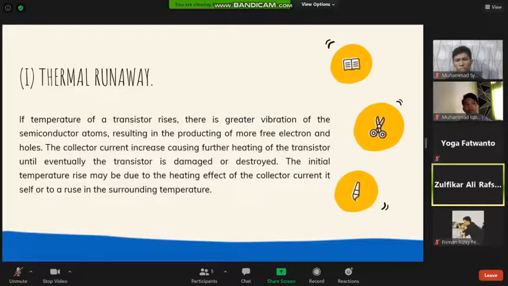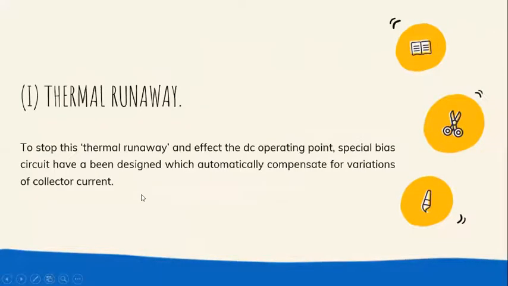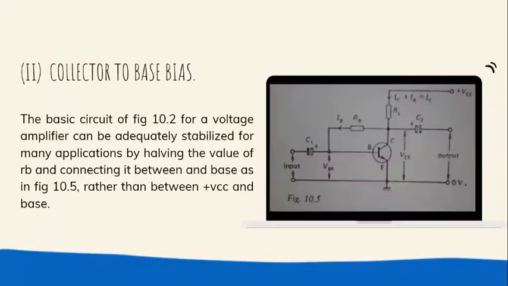Next, to stop this thermal runaway and stabilize the DC operating point, special bias circuits have been designed which automatically compensate for variations of collector current. Next, second, collector to base bias.